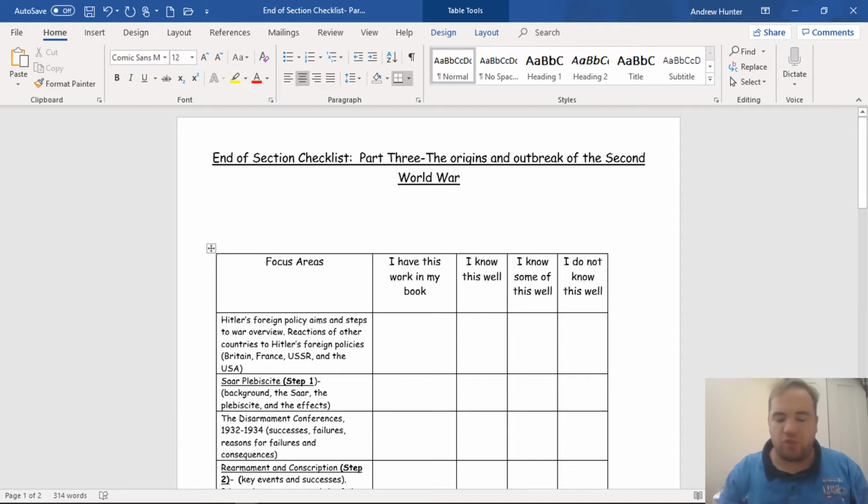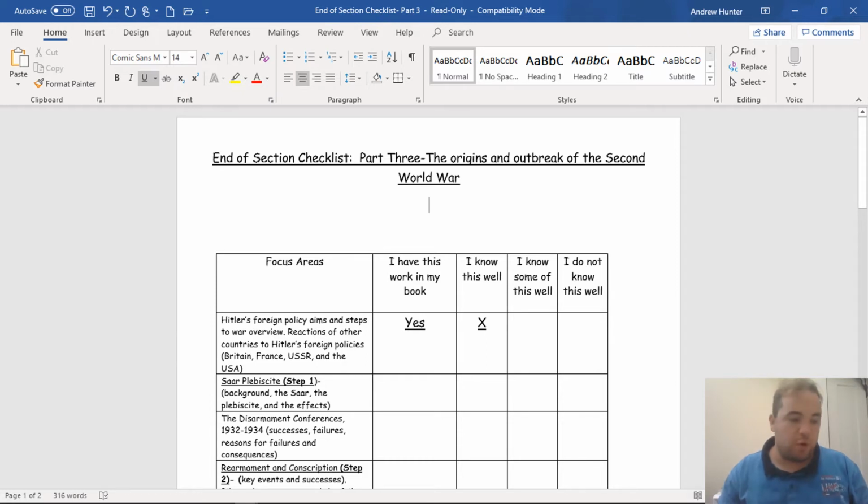So if we look at Hitler's foreign policy aims and steps, if you've got work on that in your book and you know that well, you'd put a yes and a cross in there. Likewise, if you didn't and you didn't know it well, you'd put no and a cross in the I do not know this well box.